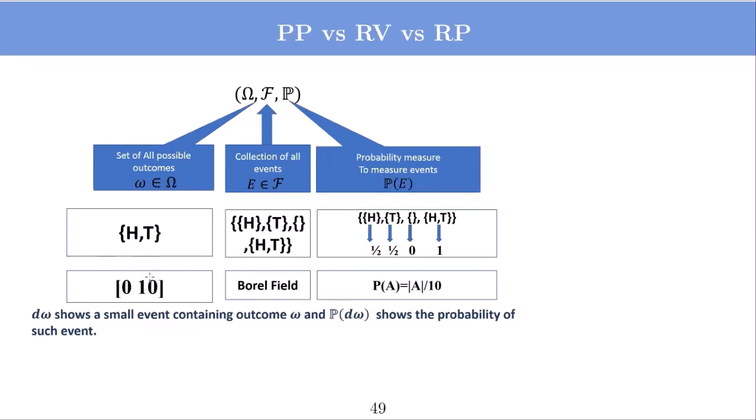Each interval represents an event, because if any of the numbers in that interval has occurred, then I will say that event has occurred. So the probability of any event, any interval A, would be equal to the size of A, which is the length of the interval, divided by 10. This is again a function which maps between 0 and 1, and this will tell you how likely an interval is.